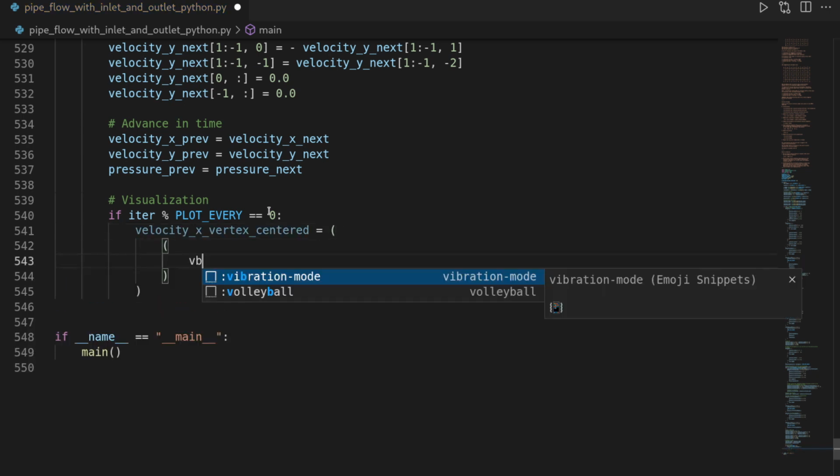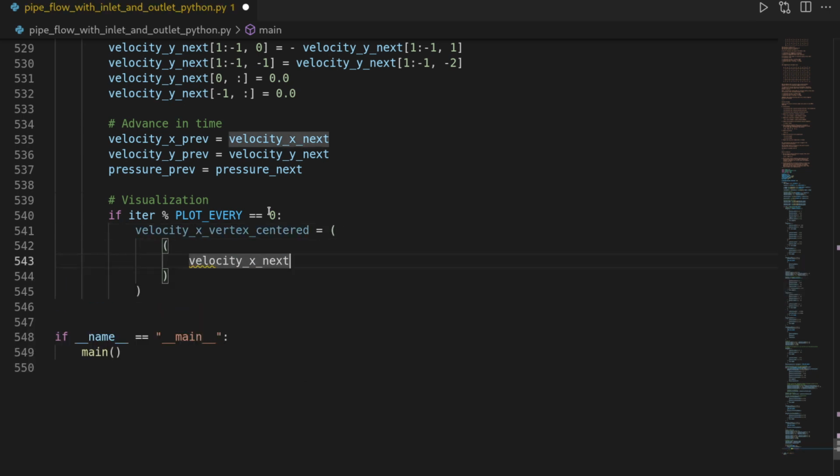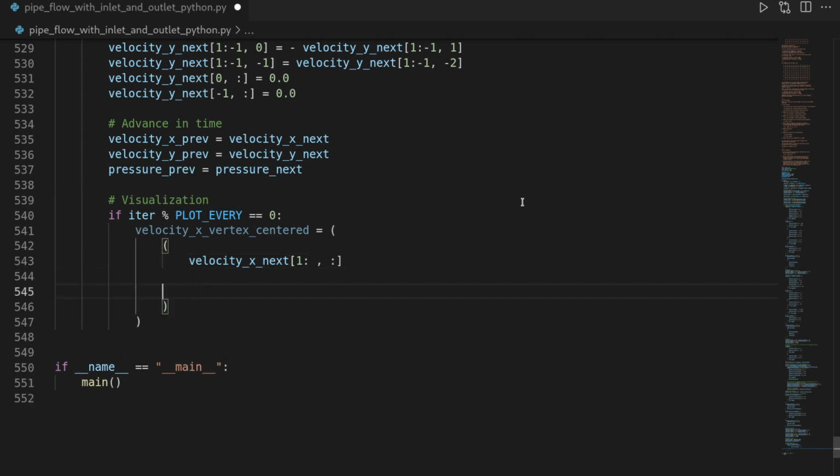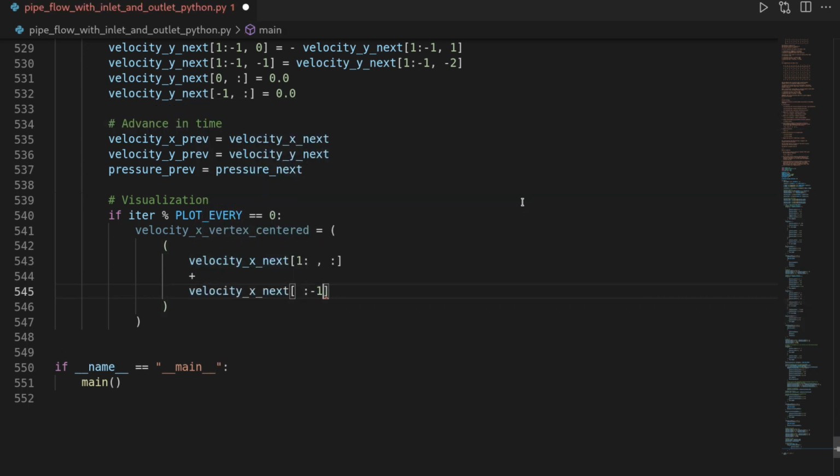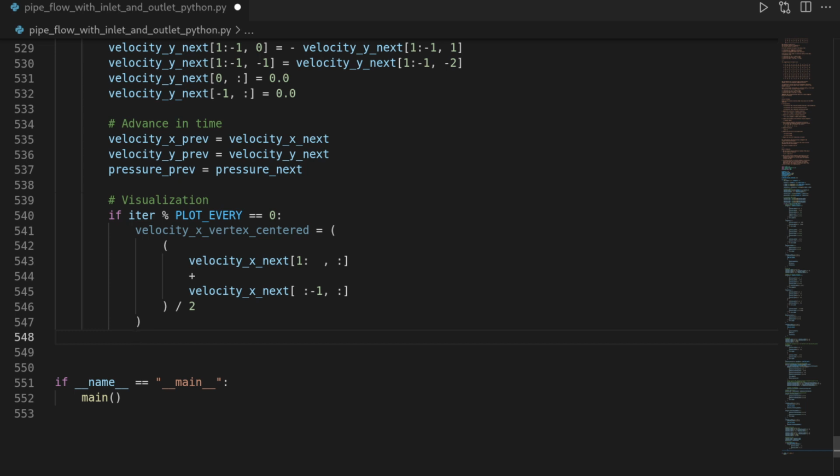And this one is then velocity x next at 1 all the way to the end, and then all points, because we now also want to include boundary values. And here we need a plus now, velocity x next 1 to -1. So let me adjust a comma here, and then colon and divided by 2. And for the velocity in y direction, as said, we are averaging over x.